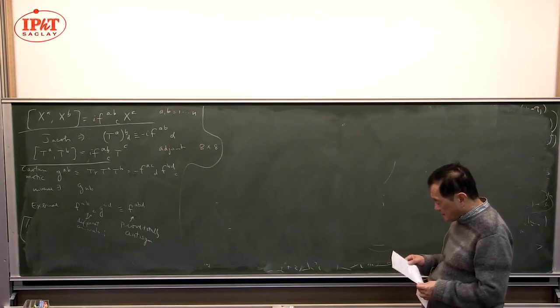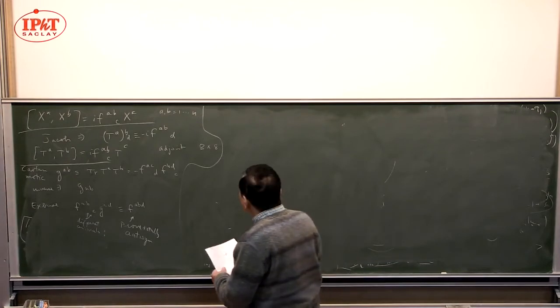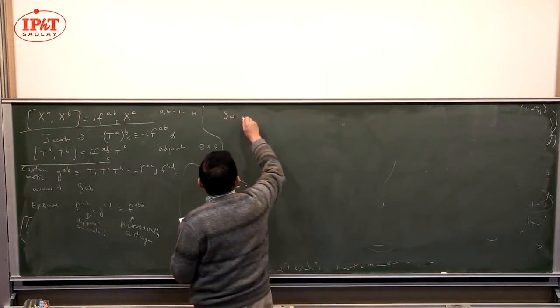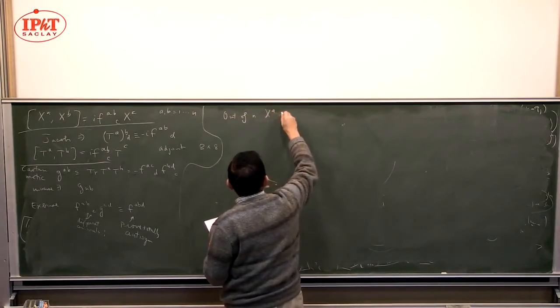and then you use the structure constants to calculate the metric. Okay. So now, I'm sorry I have to go a little bit faster because we're running a little bit out of time.